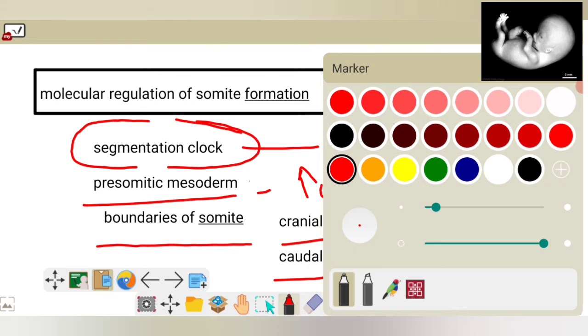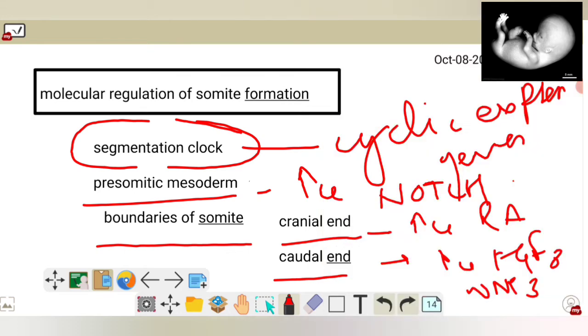This is the molecular regulation: how in the presomitic mesoderm we have an increased quantity of Notch.